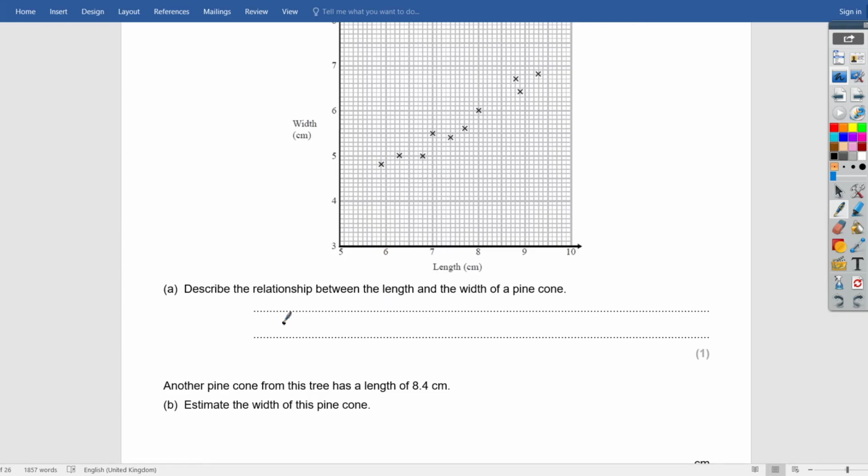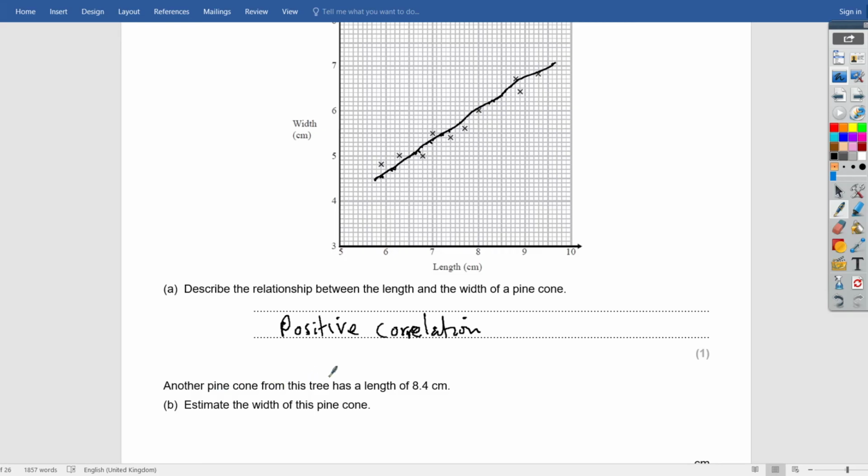So as a positive correlation. Okay, and if we draw a line of best fit going along here, and it goes here.